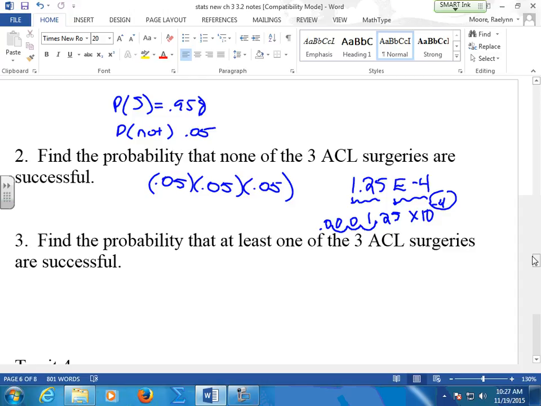Okay. All right. So, let's keep in mind what we had. Let's say the probability that at least one of these 3 surgeries is successful. If at least one is successful, what is the case that I don't want? I can have at least 1 successful.